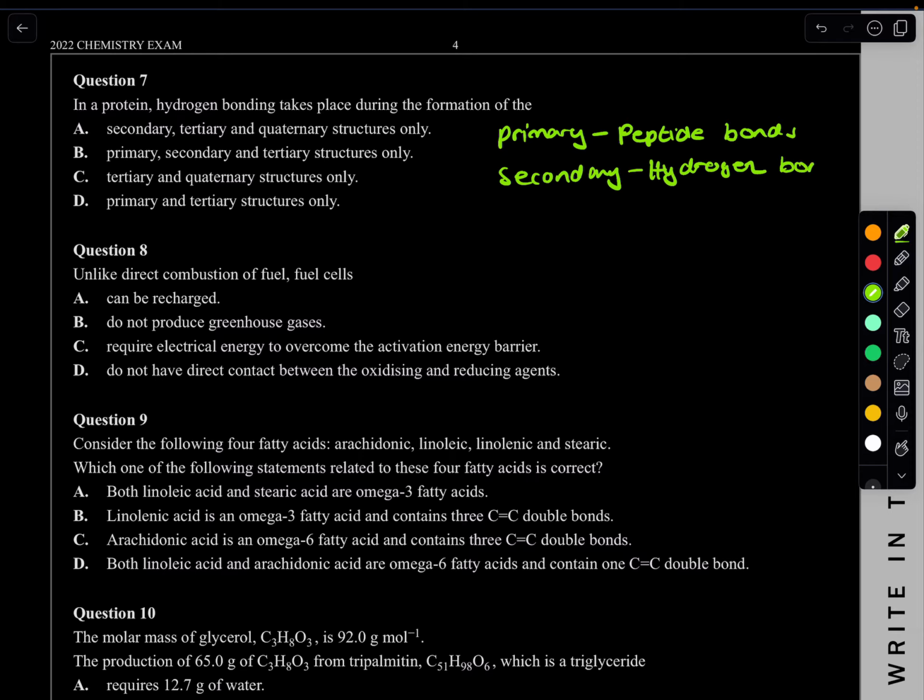In the tertiary structure, we form hydrogen bonds and many other things like ionic bonding, dispersion forces, disulfide bonds, but we still form hydrogen bonds. In the quaternary structure, it's basically the same as the tertiary, so still hydrogen bonds. So overall, hydrogen bonds take place in the secondary, tertiary and quaternary, not primary. So choose A. Beautiful. That's not too bad.